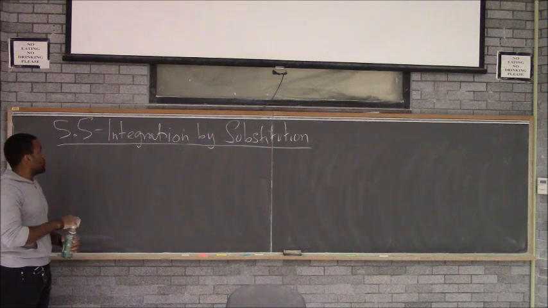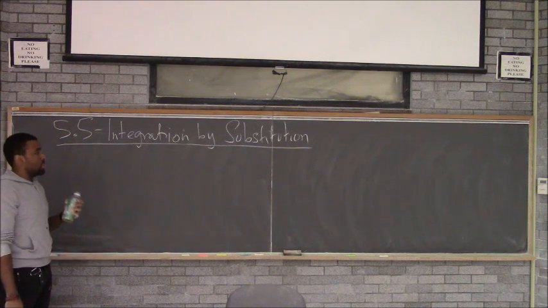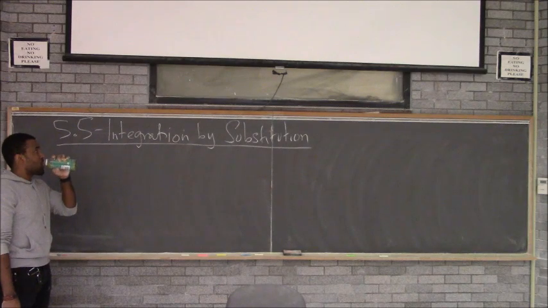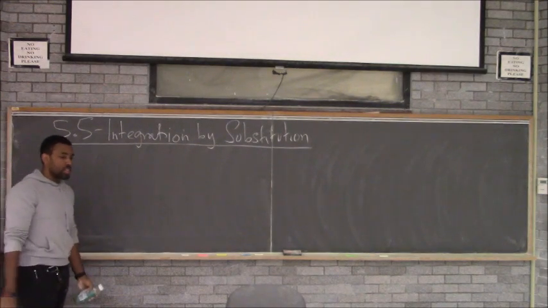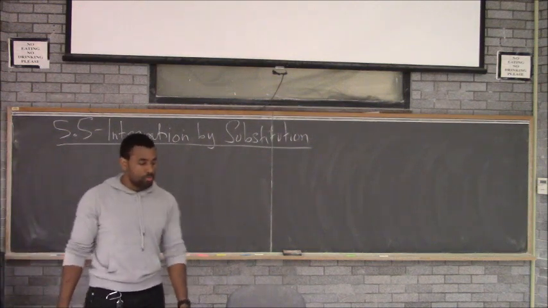I'm going to give you a technique that will allow you to find the antiderivatives of complicated functions, i.e. functions that don't look like a basic rule. You will learn many more techniques in Calc 2.